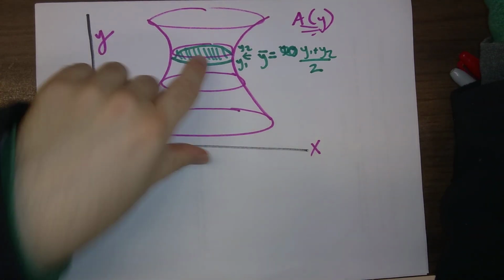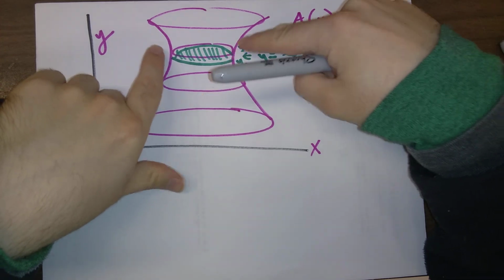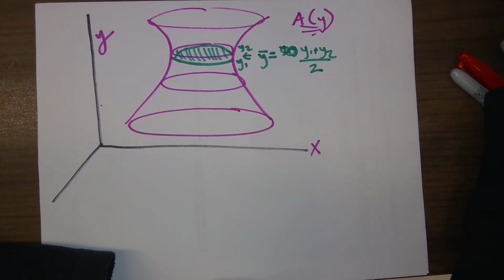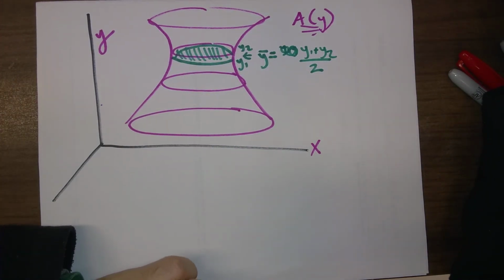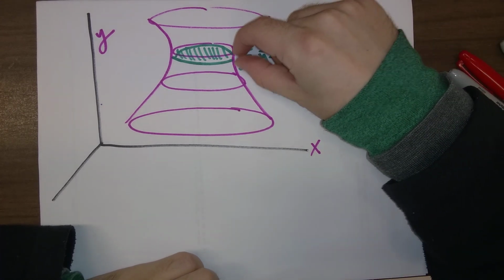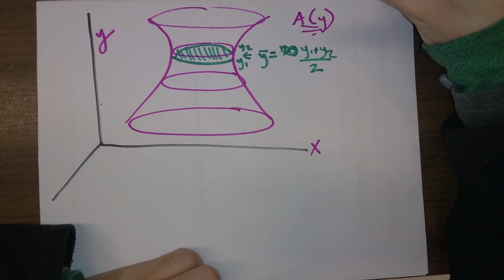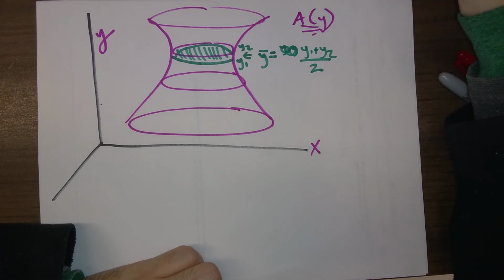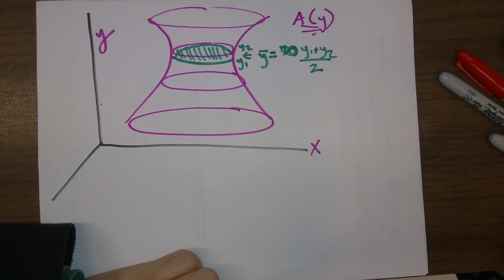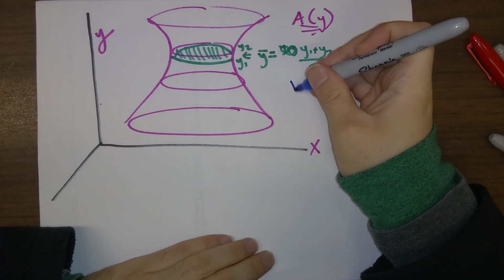Okay, so this is our setup. We're thinking about what's going on for this little slab, and realize that this slab is a 3-dimensional thing with very, very thin height here.